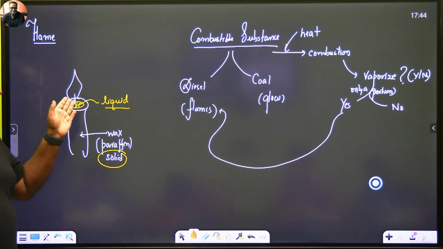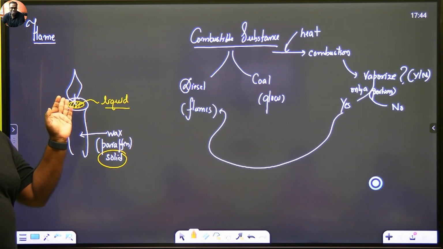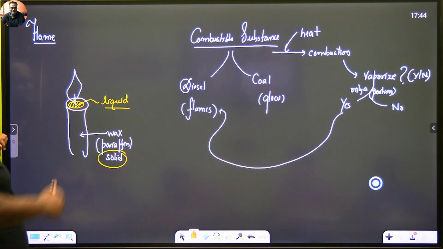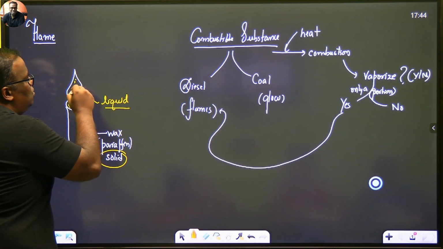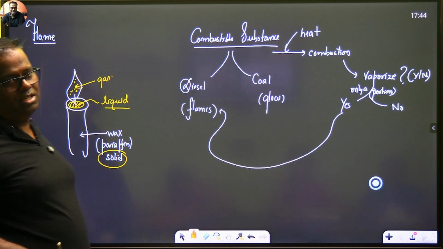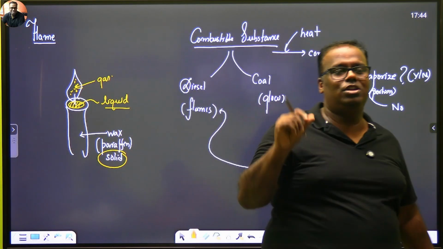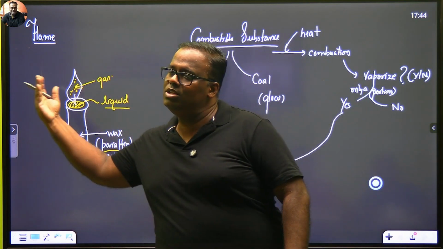Now, once it gets heated through the wick, the wick is also getting coated with liquid paraffin as the paraffin is burning, right? Then in this zone, paraffin has become gaseous. It's a gas. For fuels which have a gaseous zone on combustion, only there you will see flame.